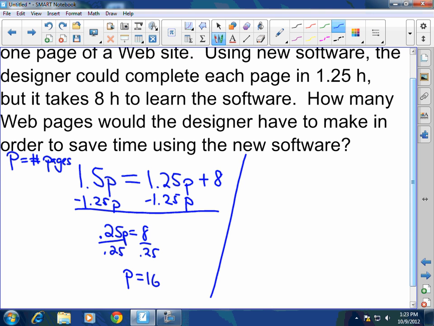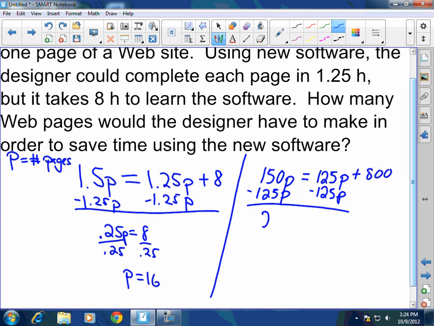Get rid of the decimals by multiplying by 100, and you'd have 150P equals 125P plus 800. Subtract 125P to both sides. This is 25P equals 800, divided by 25. P equals 16 pages.